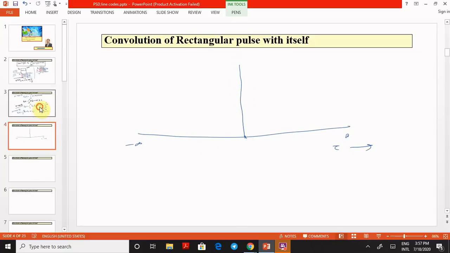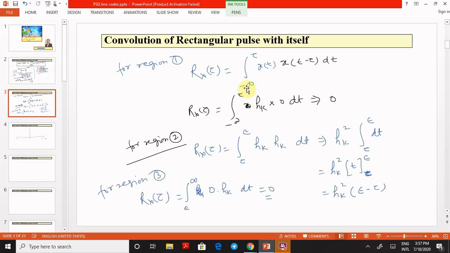From minus infinity to tau it is 0, and from epsilon to infinity it is equal to 0. So apart from reason 2, everywhere the value of the autocorrelation is 0. So exactly we have to plot this reason. Other than this reason, everywhere the value of the autocorrelation function is 0.